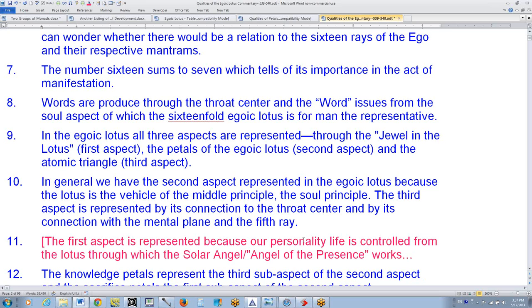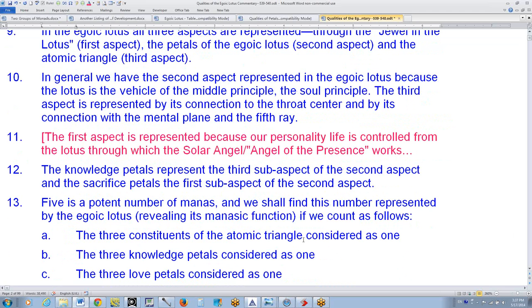So the knowledge petals represent the third sub-aspect of this second aspect, and the sacrifice petals the first sub-aspect of the second aspect.